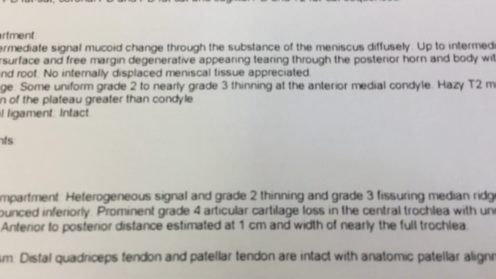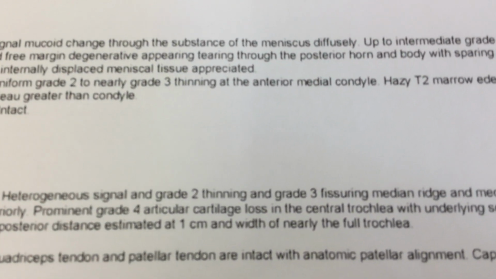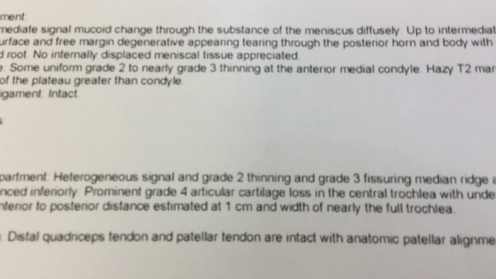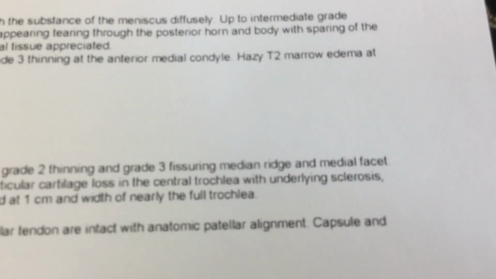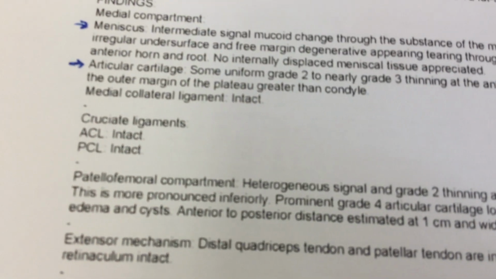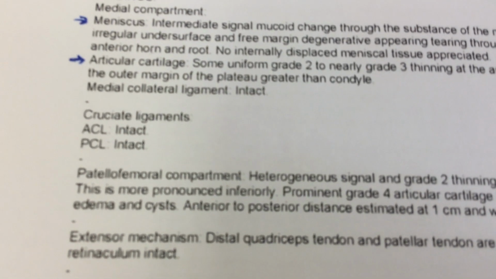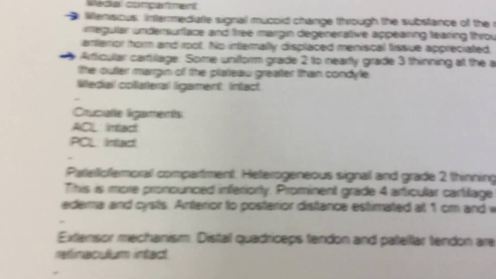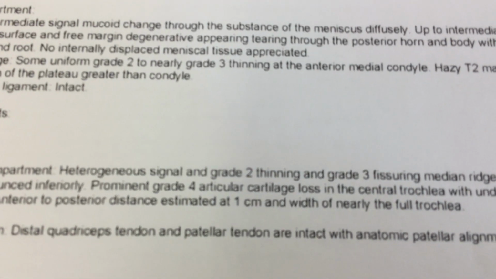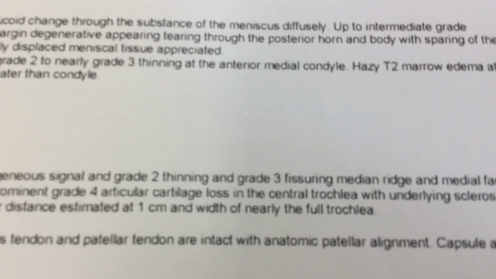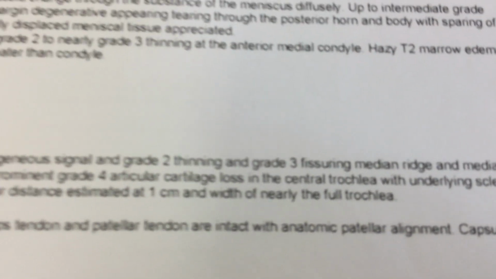And then it says a prominent grade 4 articular cartilage loss, which means the cartilage had degenerated on her kneecap in the central trochlea and underlying sclerosis, meaning increased density of the bone because of the roughening and the irritation with swelling and cysts. Anterior to posterior distance of that damaged area was 1 centimeter and width of nearly the full trochlea.